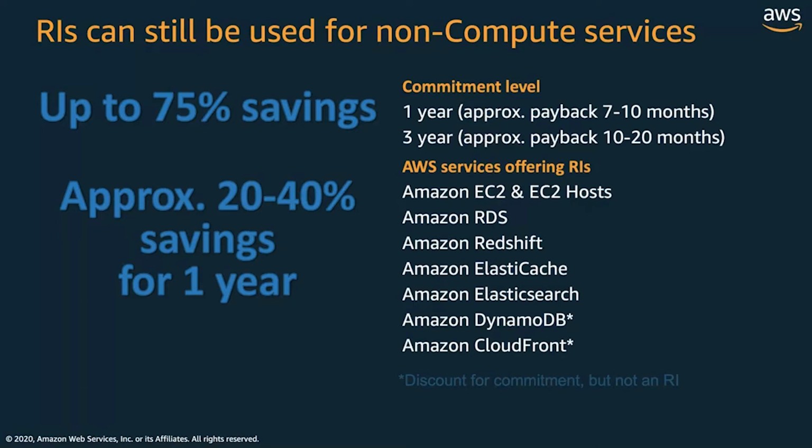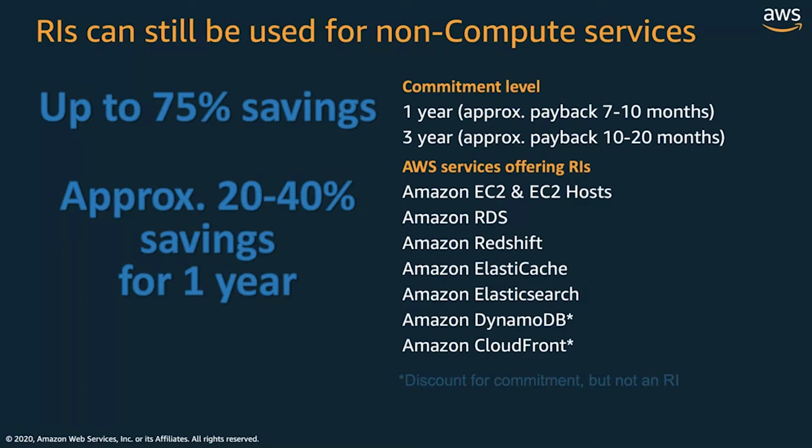Reserved instances can still be used for non-compute services as well. So the Amazon services which offer RIs are obviously EC2, but it also applies to services which, from a foundational perspective, have virtual machines as part of their solution.